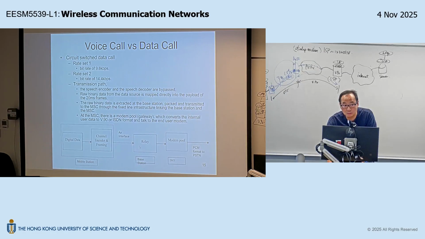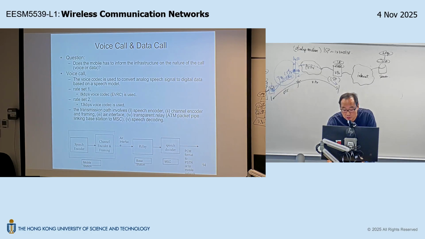Is that okay? So because of that, although the base station indeed does not need to care whether these 300 bits of digital payload are coming from voice or from data, the infrastructure as a whole needs to know, because the infrastructure needs to prepare different parties to terminate your call. If you make a voice call, the mobile switching center needs to terminate your call with a speech decoder.